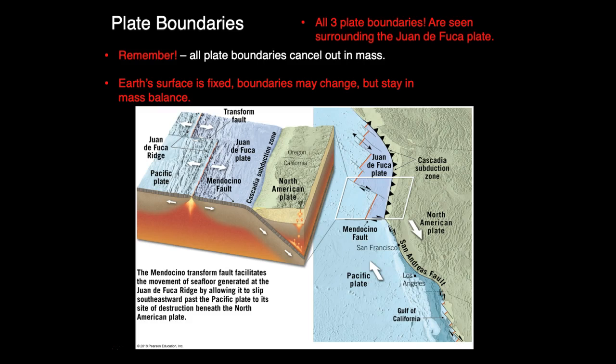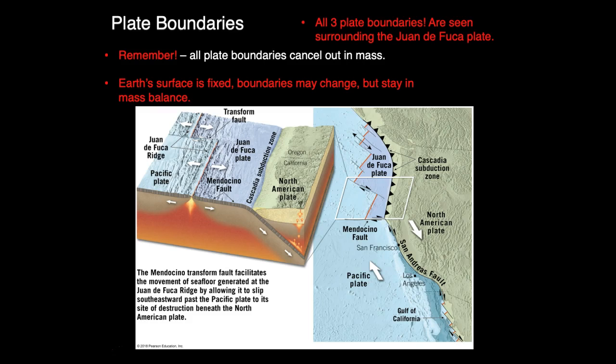Also, something important to keep in mind is that the Earth's surface area is fixed. So the boundaries that each plate has with another may change through time, and the face of the Earth itself may change with time, but the Earth will remain in mass balance, unless there's an addition of mass through, like, a meteorite impact, in which case the amount of mass that is added is not great anyway.